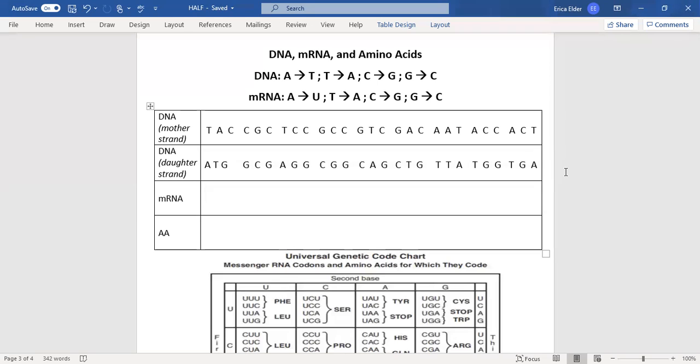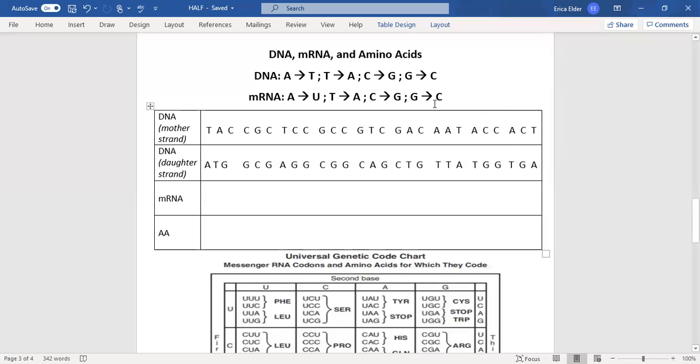Now, when we are dealing with mRNA and our DNA strand is going through transcription, anywhere where we have an A that would typically be paired to a T, that T at this time is going to switch to a uracil. But if you have a T in your DNA strand, you will still have A's in your mRNA.